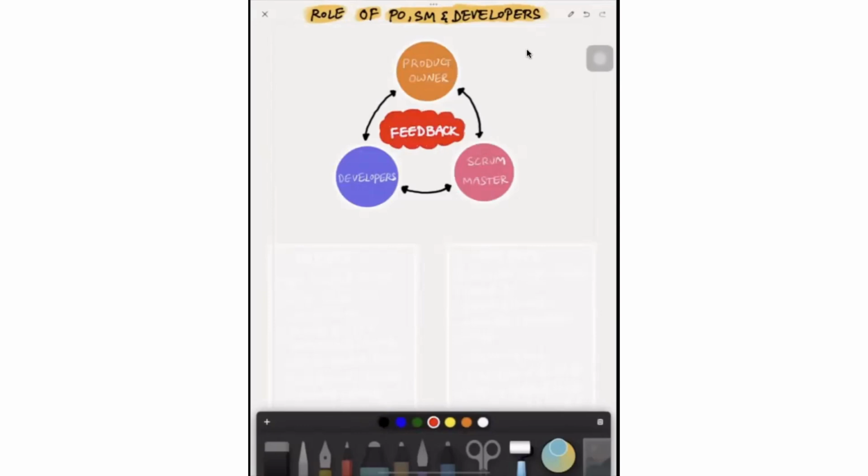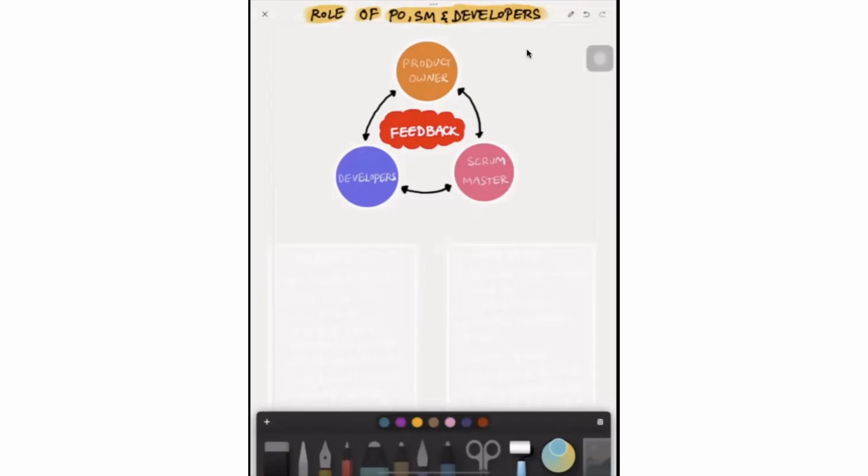That means the developers will give feedback to product owner and scrum master. Scrum master will give feedback to product owner and developers, and product owner also gives feedback to developers and scrum master and receives feedback from the other parties. So that means it's a kind of 360-degree feedback with a focus of identifying actionable improvements related to people, processes, tools, techniques, all these things.